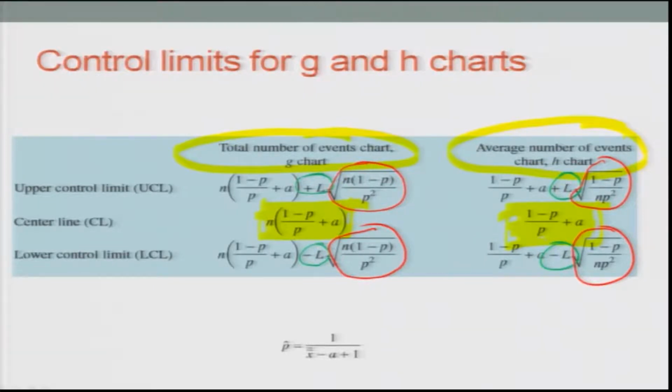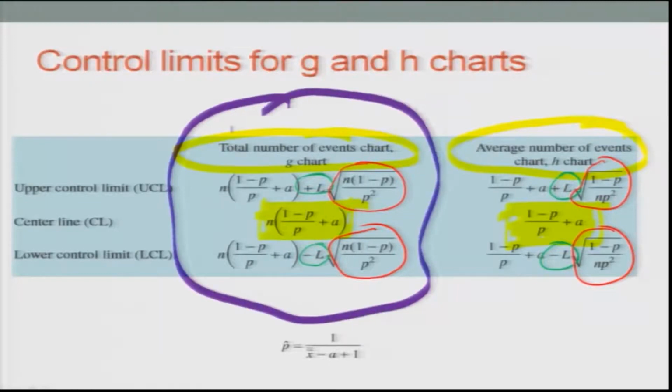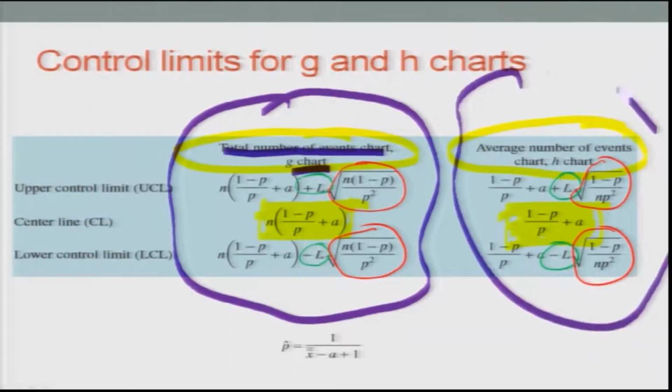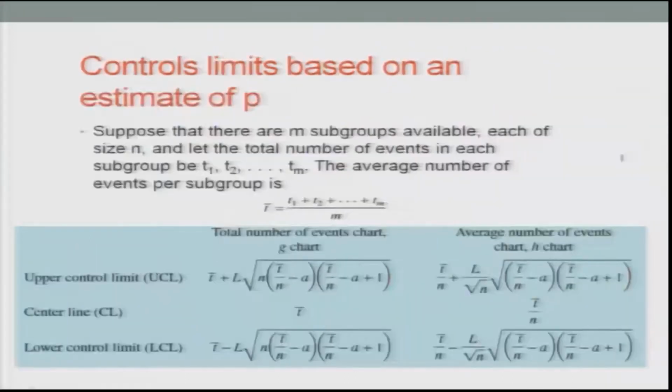The a value you already know and has been calculated, and it can be utilized accordingly. These calculations would be used when the total number of events is given, which is the G chart, and this would be used when the average number of events is given, which is the H chart.